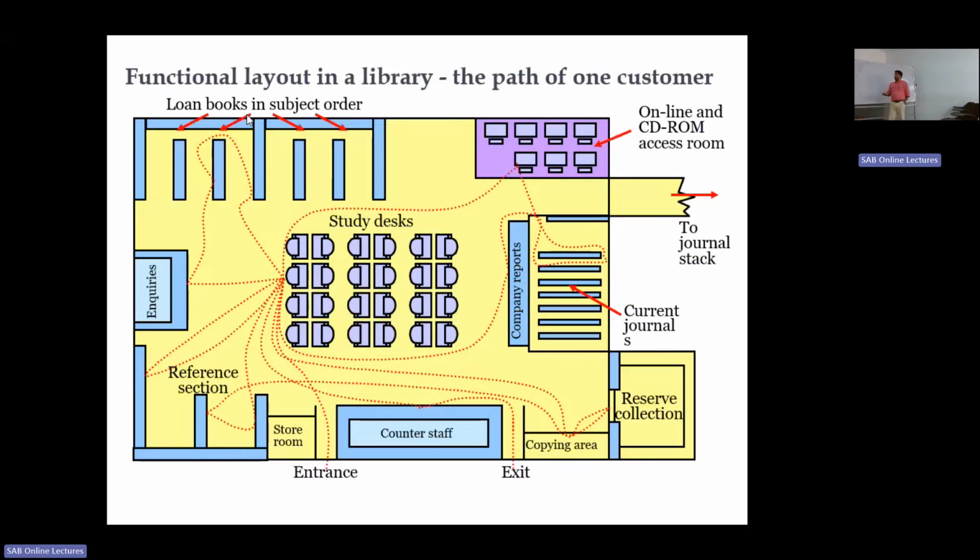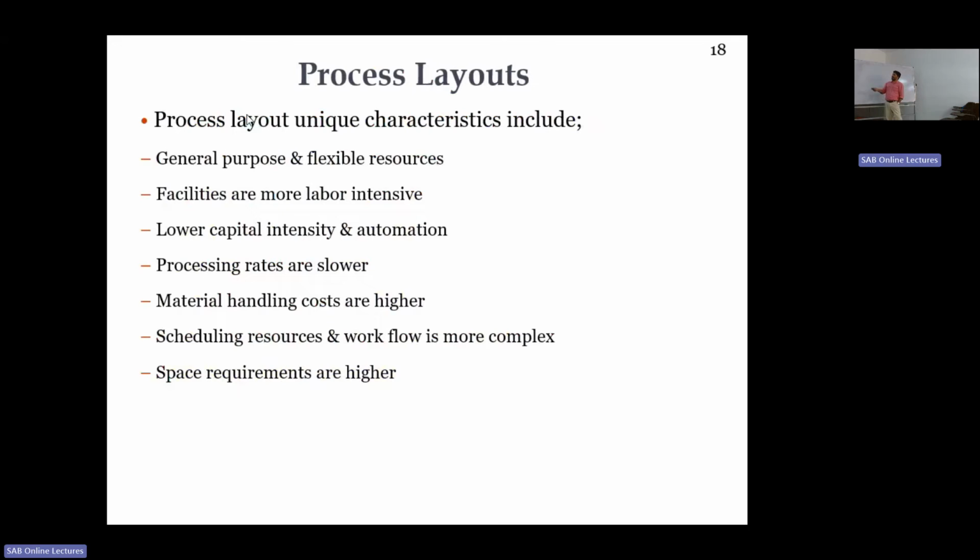We discussed one. Now, these are other characteristics of process layouts. It says we see general purpose resources and flexible resources in process layouts. And go through the other points. These facilities are more labor intensive. More workers are used for operations. And then of course lower capital intensity and lower automation.